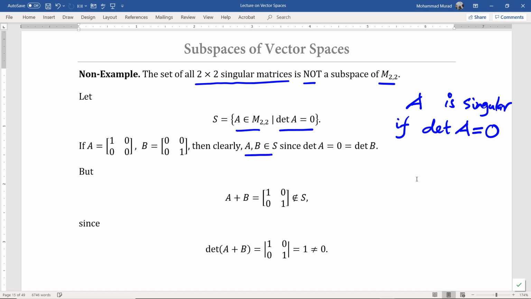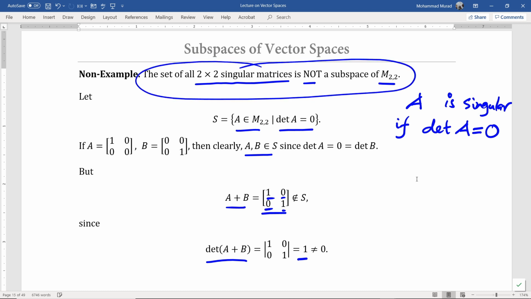So A and B are taken from the set S. But if we add these two matrices, the matrix we get has the components 1, 0, 0, 1, which is not in the set S, since its determinant is equal to 1, not 0. So we proved that the set of all 2 by 2 singular matrices is not a subspace of the vector space M sub 2,2.